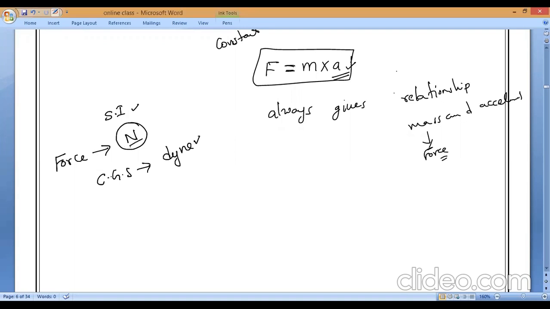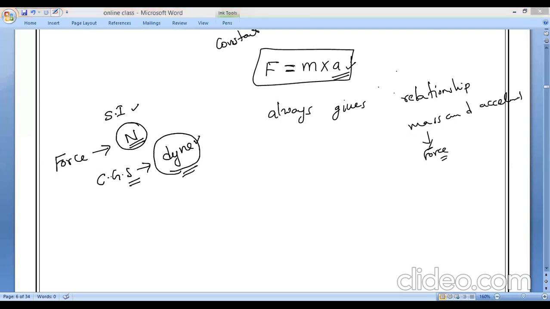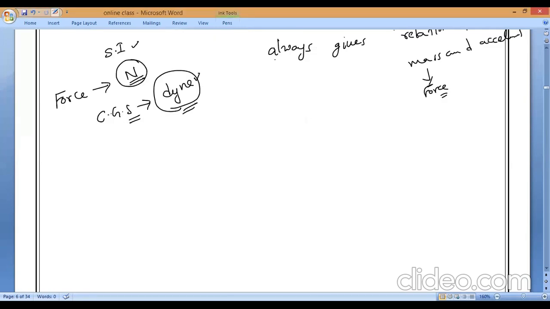So already we know that the SI unit of force is Newton, and the CGS unit of force is dyne. Yes or no? Hari, can you hear me? Everyone knows this dyne is the CGS unit.